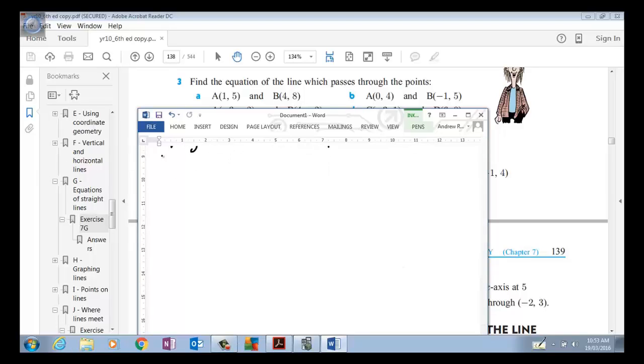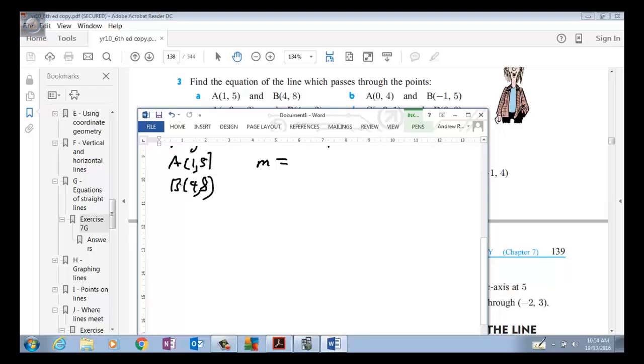So the first point is A (1, 5), and the second point is B (4, 8). First of all, we need to work out the gradient, or the slope. I'll just call it m, that's what we call slope. That's y2 take y1 on x2 take x1, which we learnt from the last lesson.